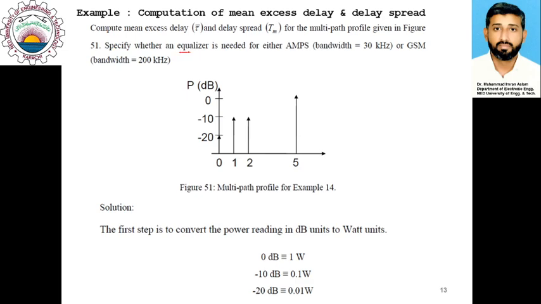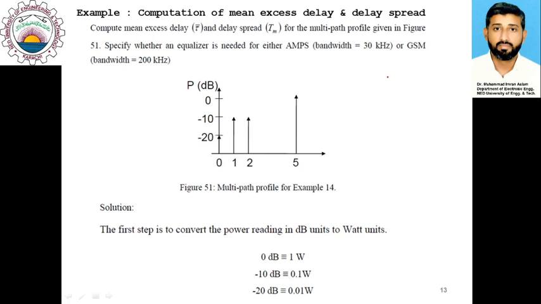Now we come to the second part of the problem. Specify whether an equalizer is needed for IS-136 and GSM signals. GSM signals have a bandwidth of 200 kilohertz, and IS-136 signals have a bandwidth of 30 kilohertz. Whether we need an equalizer or not, you should recall that an equalizer would be needed if there is distortion in the signal, and distortion comes when the delay spread is large.